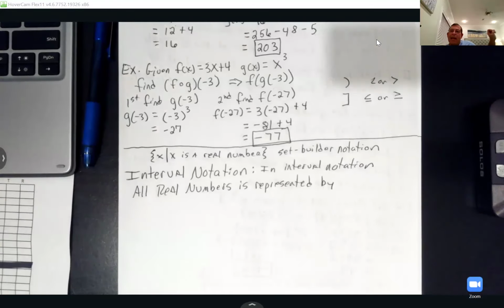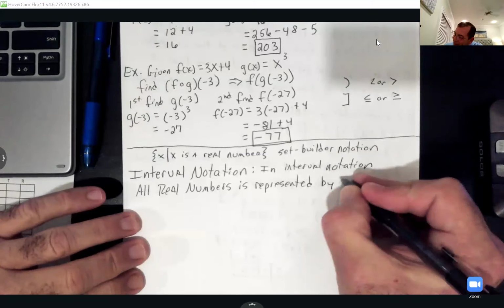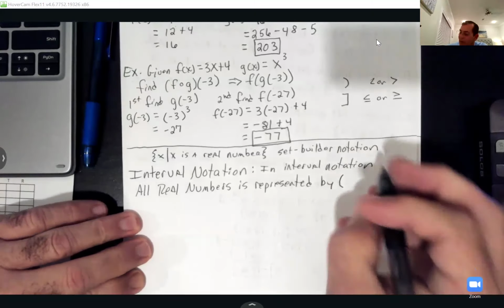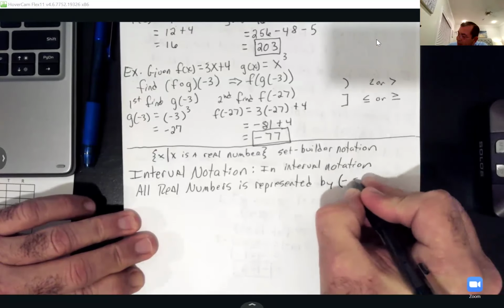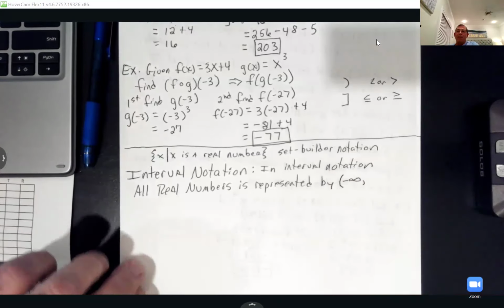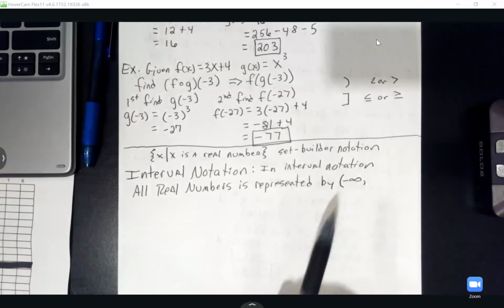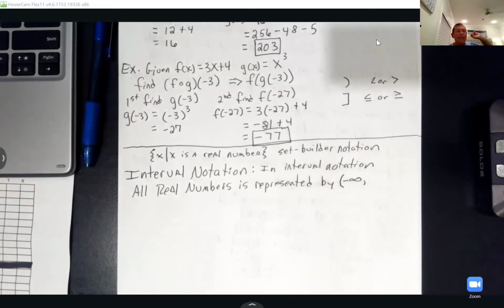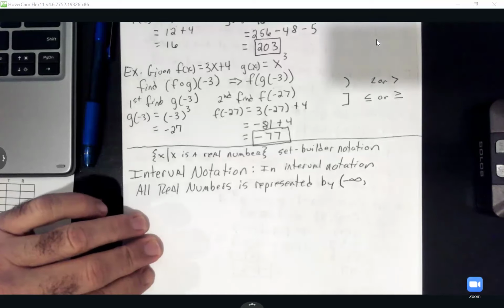If I'm heading in the negative direction and I keep getting more negative and more negative, what do we say we're headed towards? Y'all, that would be negative infinity, right? Remember, negative infinity means I'm going negative and I never can stop because there's always going to be another number more negative.